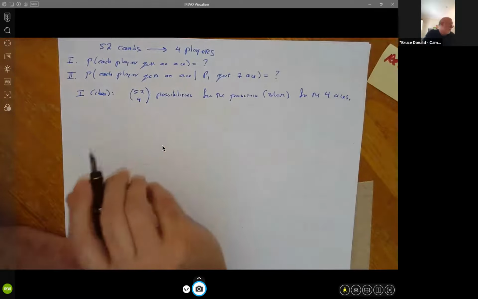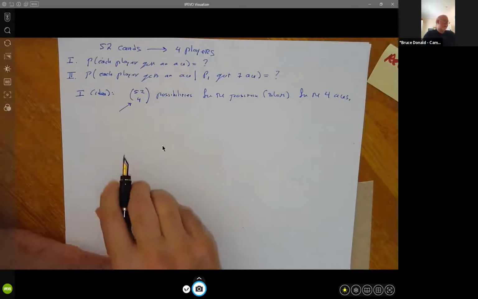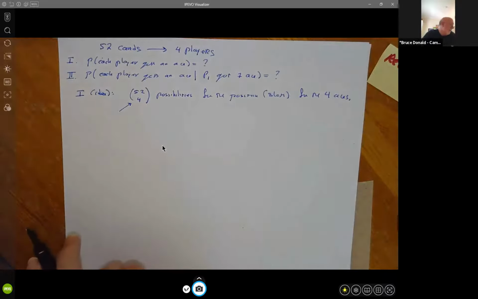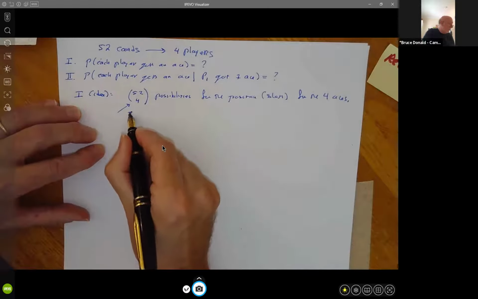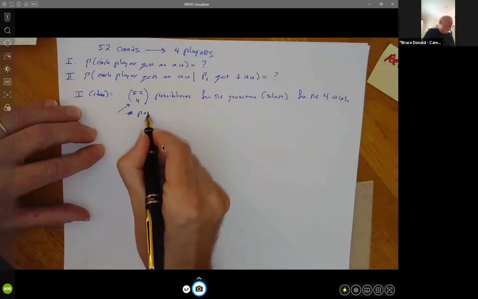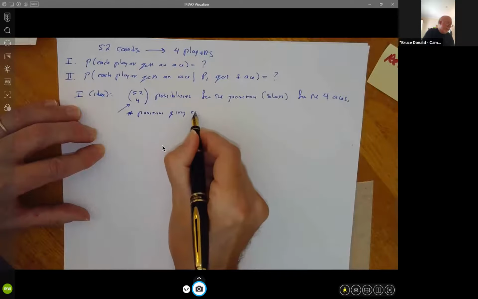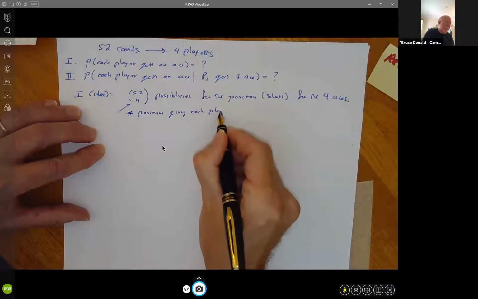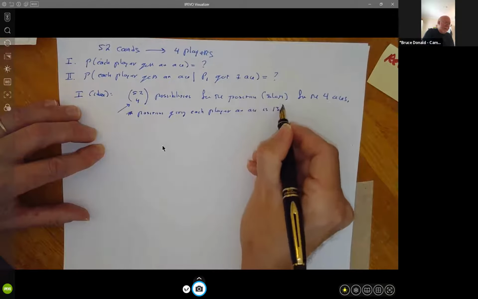So that's our universe of possibilities. That'll be the denominator of a probability. Now, out of these, the number of positions that give each player an ace is 13 to the 4, right?